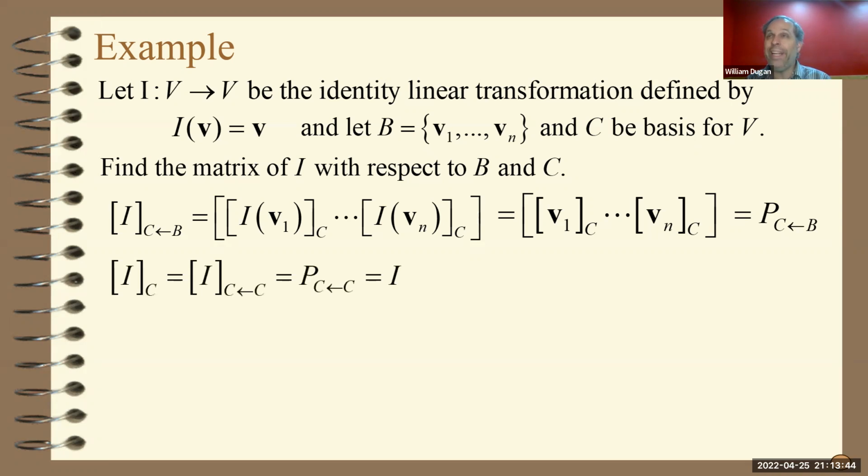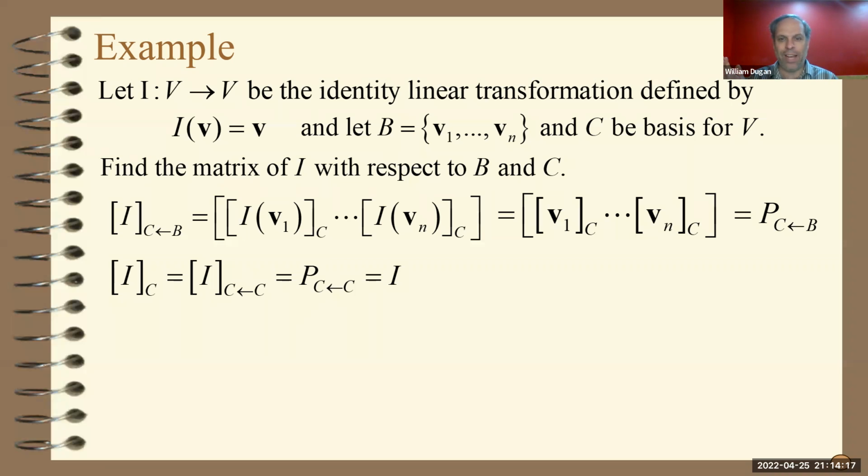We can go further. If you want to know what is the standard matrix for I just relative to C, so that's C to C, well, then that's the matrix of I going from C to C. Well, that's the change of basis matrix going from C to C. Now, if you give me the vector's coordinates in C, I'm going to give you right back the coordinates relative to C. Well, that has to be the original vector.